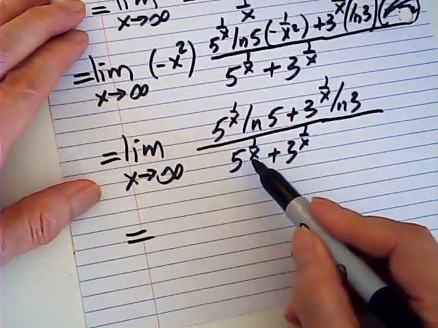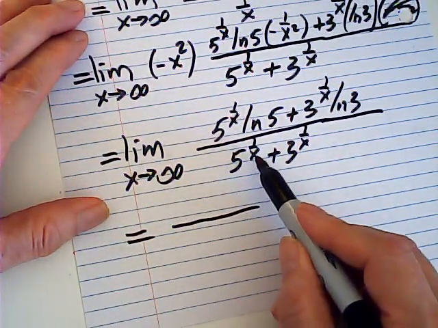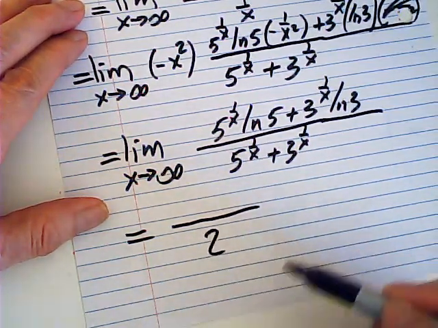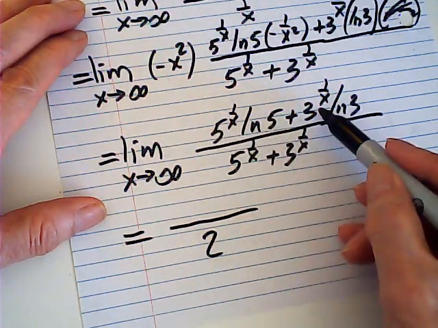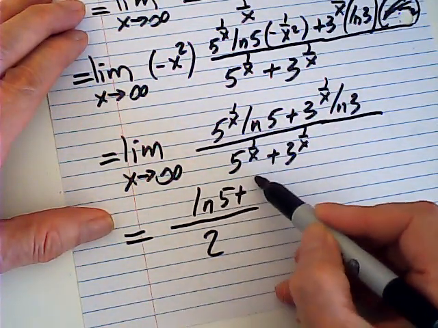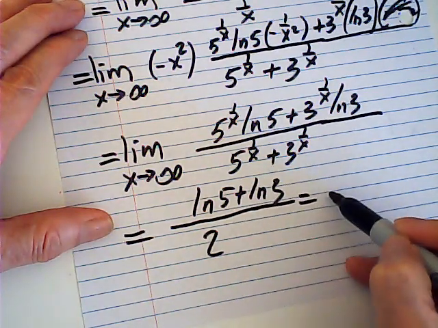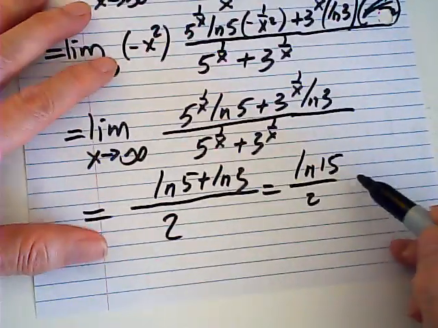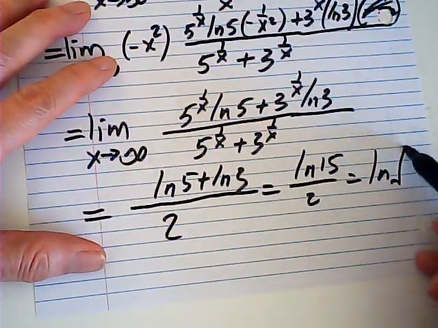Then we take the limit. This one is 0, therefore it's 1 plus 1 is 2. This is 1, this is 1. So this is log 5 plus log 3 over 2, which is log 15 over 2, equal to log square root 15.